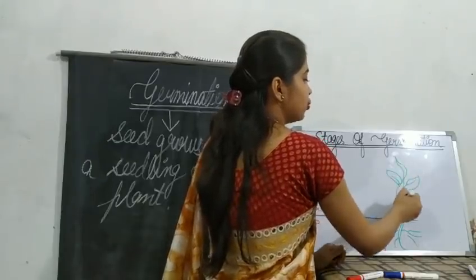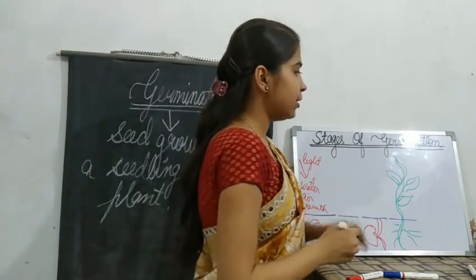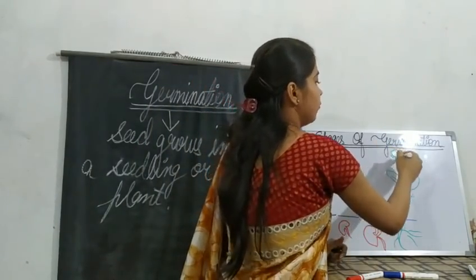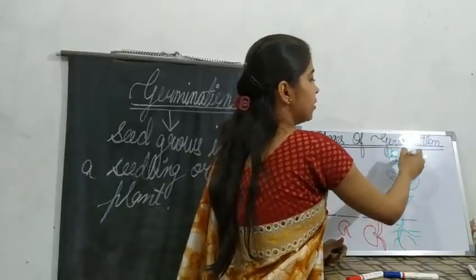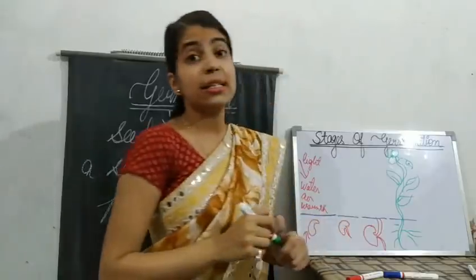Now this shoot will start having leaves. Then it will start having flowers, then these flowers will start getting fruits, and these fruits will again have the seeds.